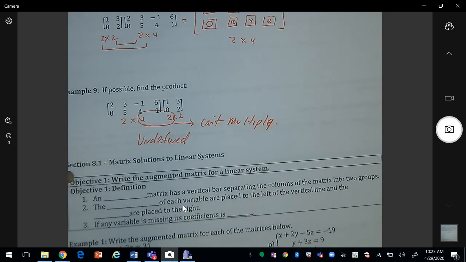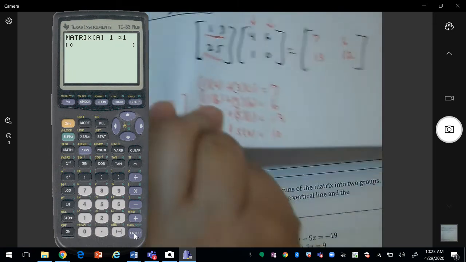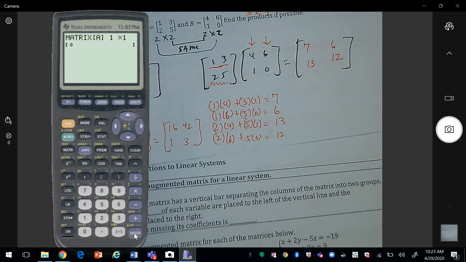You can put this in your calculator if you have a graphing calculator. To do this on the calculator, you would have to go to second matrix, and then you're going to edit a matrix. You enter the first matrix. So let me go ahead and enter. Let's do this one.